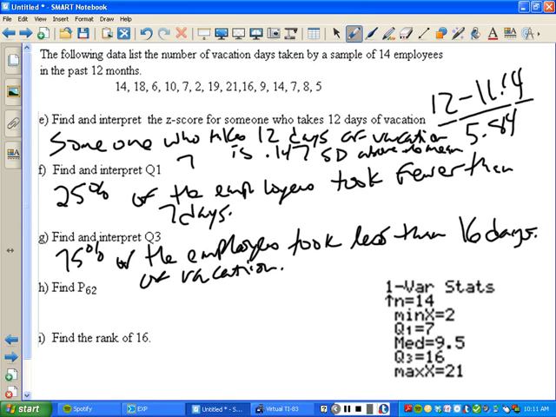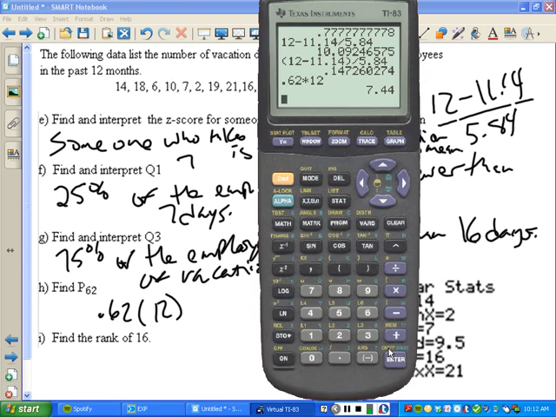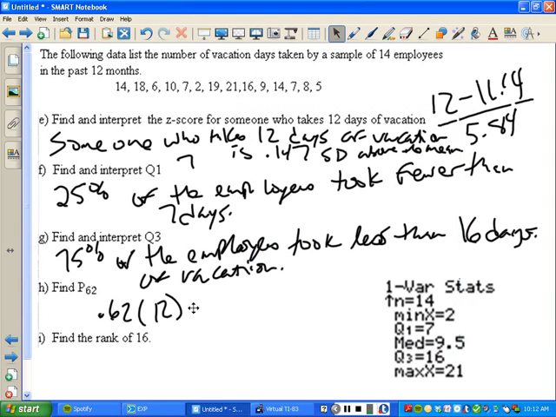All right, how do we find P62? We're going to do 0.62 times 12. Again, we can use the calculator for that. 0.62 times 12. Why 12? There's 14, I'm sorry.